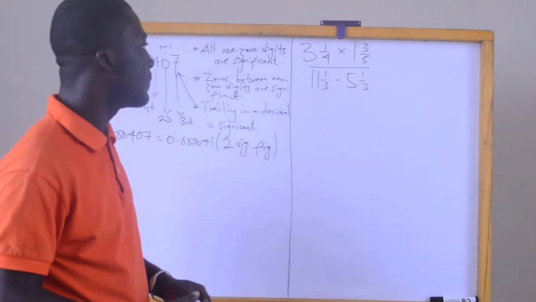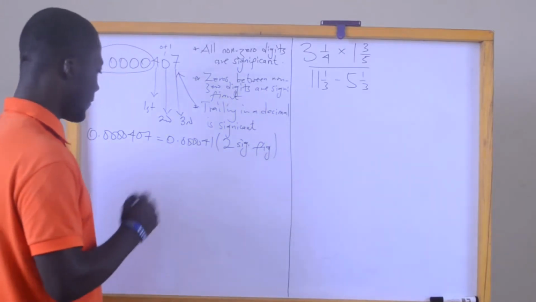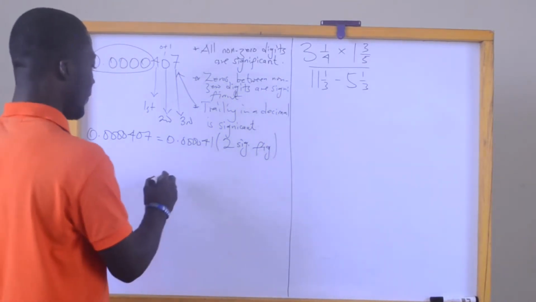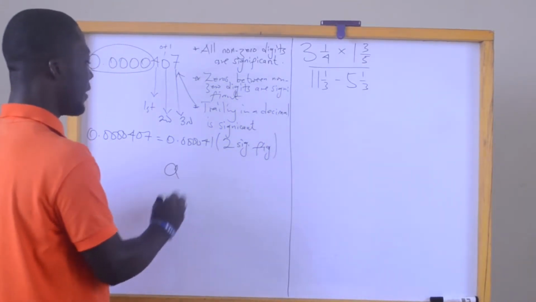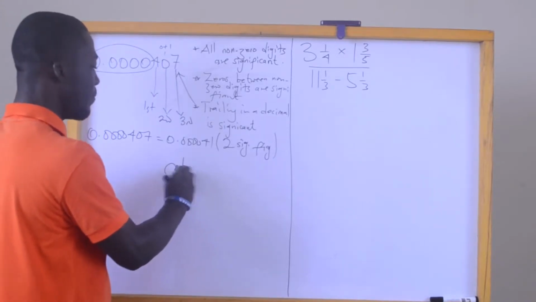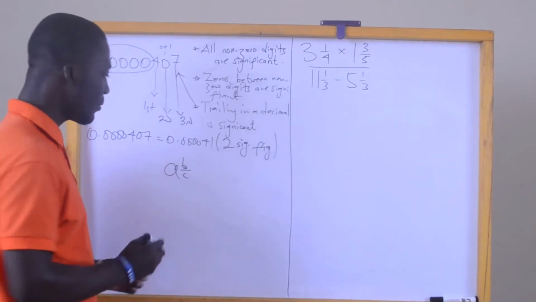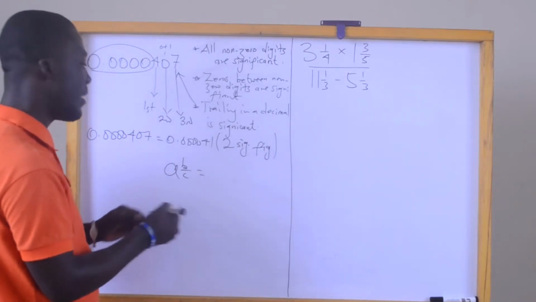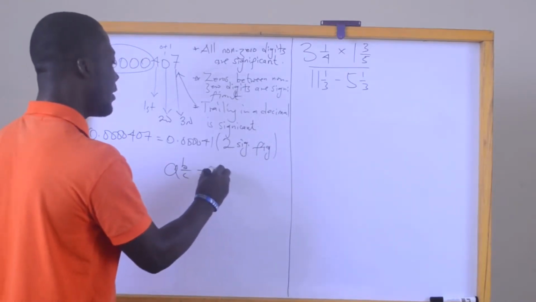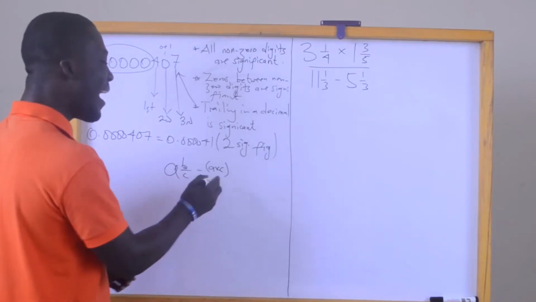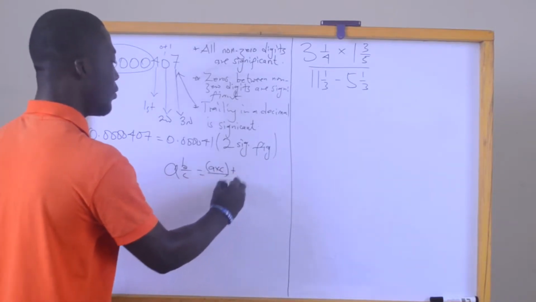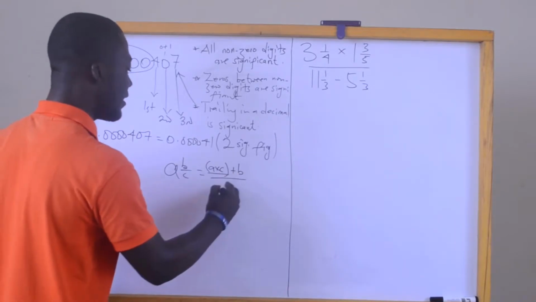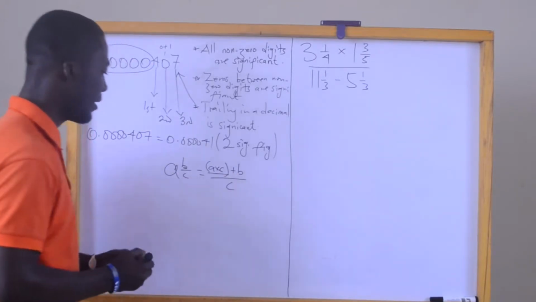To do that, we use a simple principle. Assuming our mixed fraction is a whole number a, b over c, we multiply the whole number by the denominator, a times c, then add the result to b and divide all by the denominator.